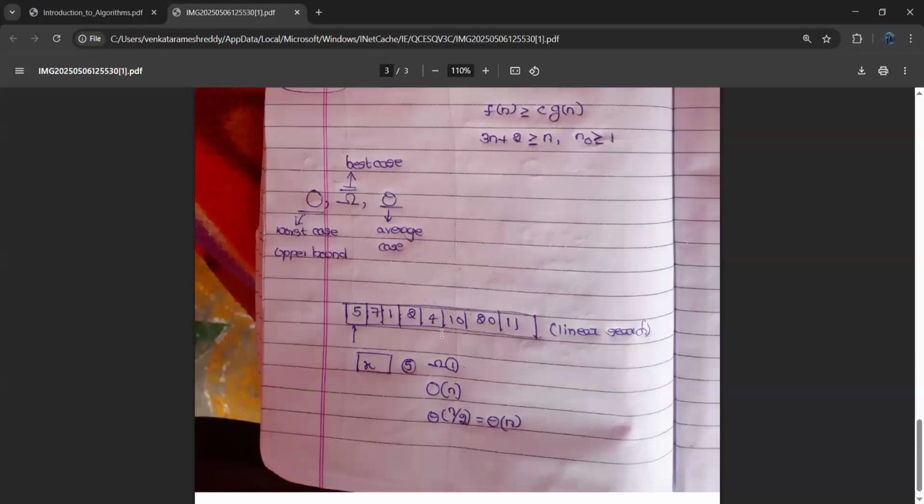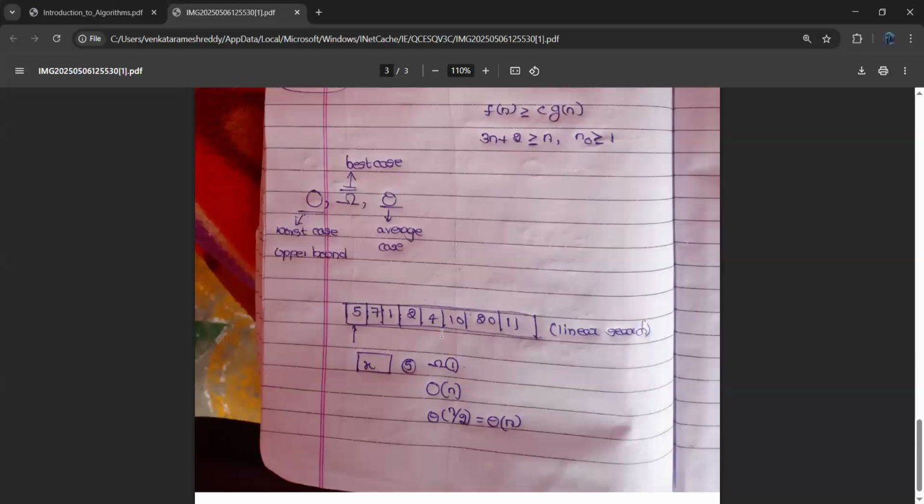So in linear search, the best case time complexity is order of one, because we are finding the target element at the first position. That's why it is called the best case time complexity. And also, we are finding the target element at the last position, or we are not able to find the element even after searching all the elements.